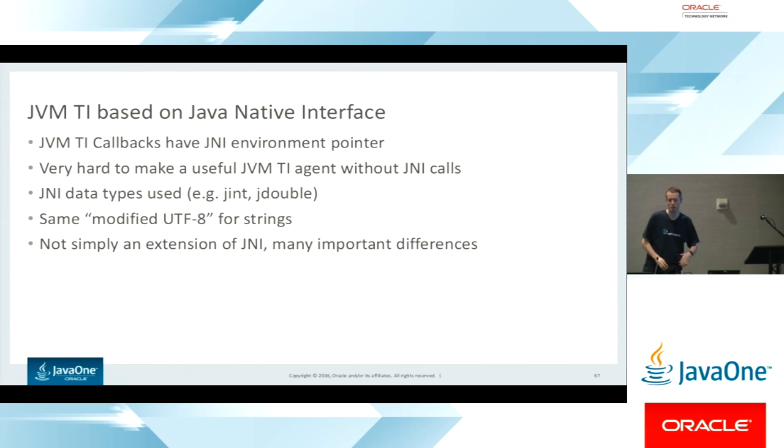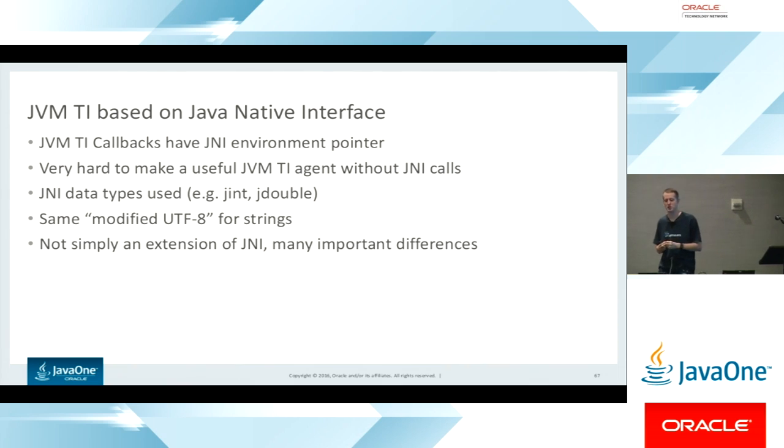So probably the most important thing to understand, to be able to code against JVMTI, is to understand JNI, because it's based off of it. Some people will sometimes refer to it as an extension of the JNI interface or API, but it's not technically an extension. There are some important differences, but the nice thing is that you can mix calls with them.